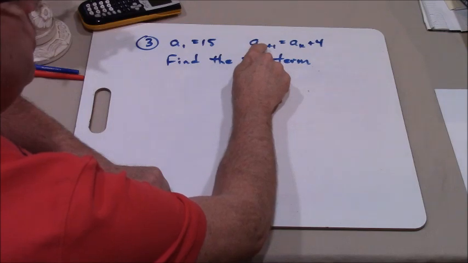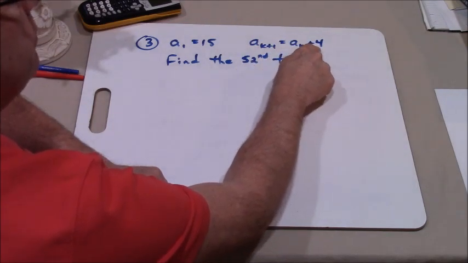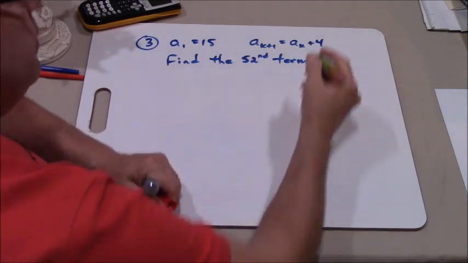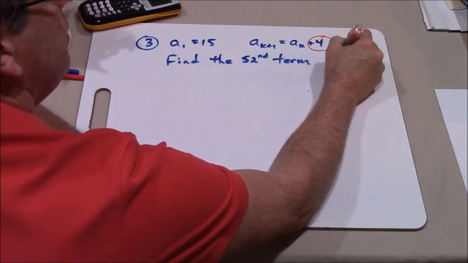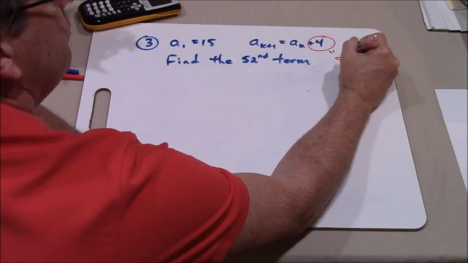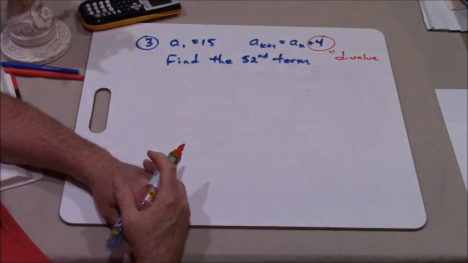So the next term equals the one you're on plus 4. That's the way we want to read that. And so really, they're telling us right here, this is our d value. So see if you can finish this one up.